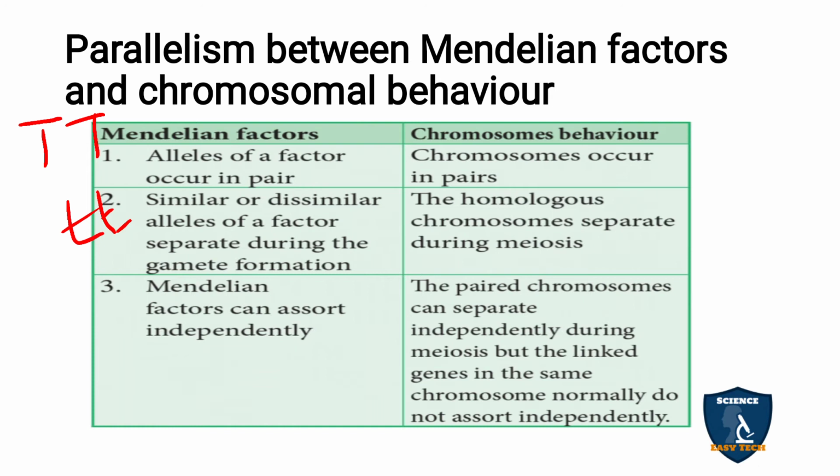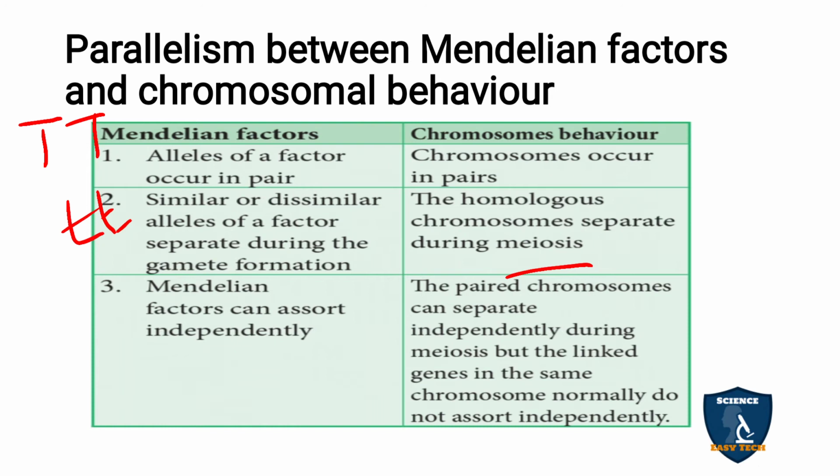In the same way, during meiosis, homologous chromosomes separate. The same type of chromosomes separate during meiosis. And the Mendelian factors separate independently to express the character. Paired chromosomes also separate independently during meiosis.